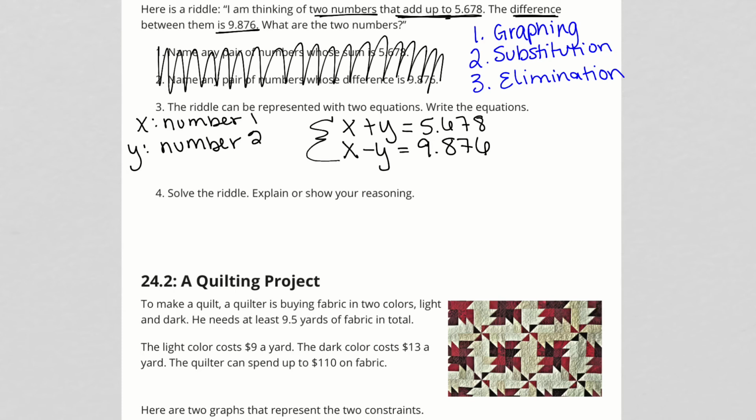This equation would be best to use elimination because we have a positive y and a negative y right here. So all I have to do is add these two equations together. So if I add x plus x, I'm going to get 2x.